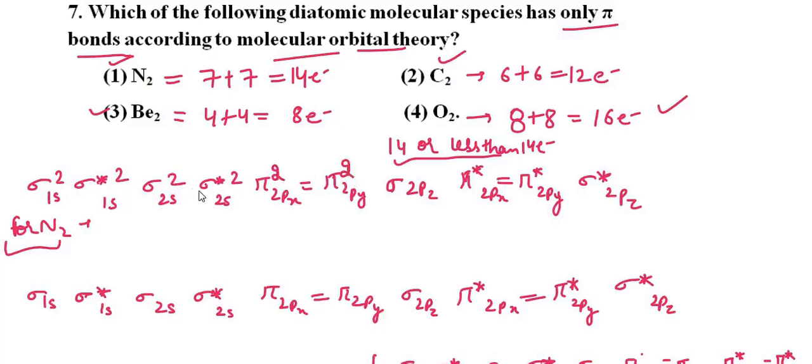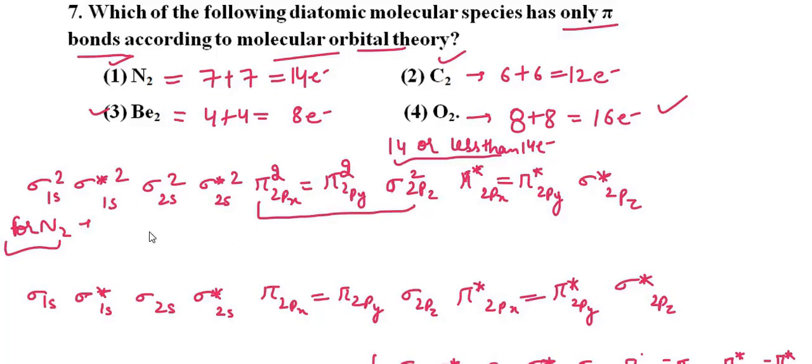So we fill the 14 electrons: 2, 4, 6, 8, 10, 12 and now 2 again, 14. Now see here, the electrons in the outermost shell which participate in bonding are pi 2px2, pi 2py2 and sigma 2pz2.